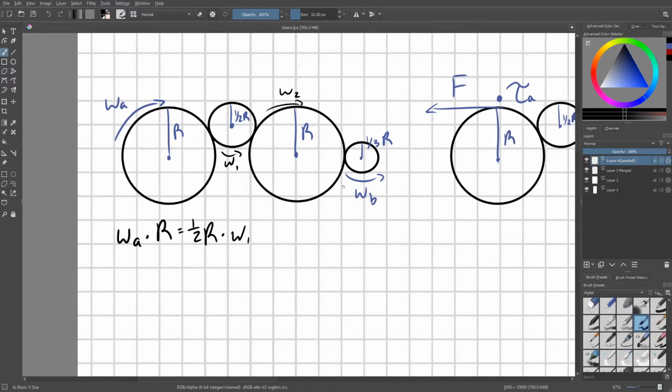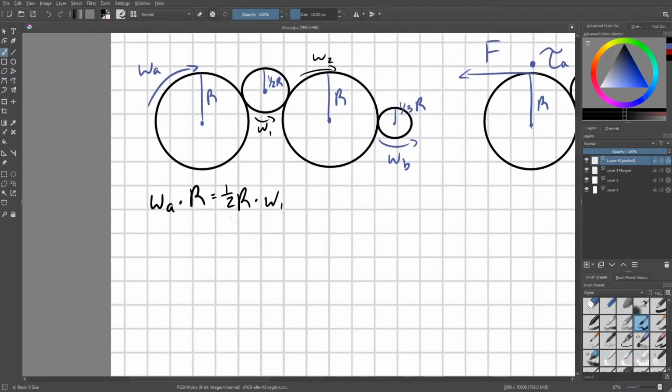So omega 1 equals 2 omega A. Omega 1 times 1/2 R equals omega 2 times R. And again, all of these equations we're just getting by setting the linear velocities equal to each other.